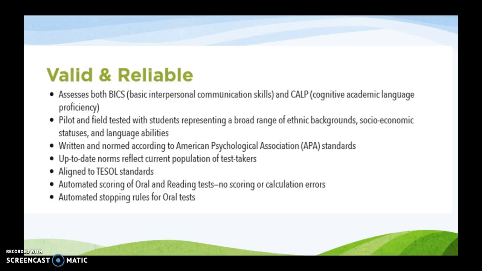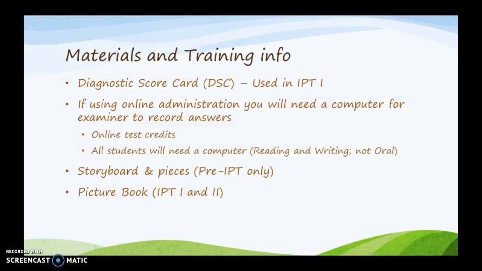I think reliability here is seen in how it's aligned to the TESOL standards, and it is automatically scored by the oral and reading test, no scoring or calculations ever. So that's a way you could tell that the reliability of this test is pretty high, which was stated to be unusually high compared to other tests that were being used in the classroom.